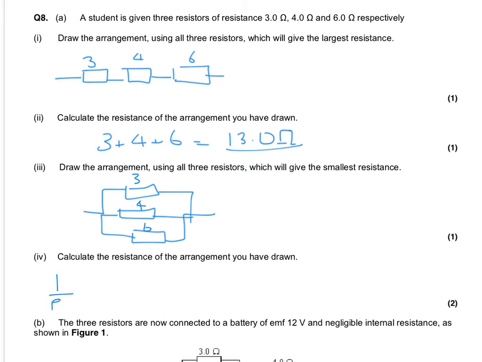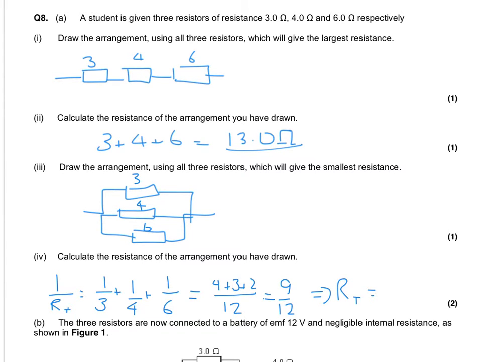So 1 over the total resistance would be 1 over 3 plus 1 over 4 plus 1 over 6. If we put those all over a common denominator of 12, it would be 4 plus 3 plus 2, which is 9 over 12, which means that the total resistance would be 12 over 9.